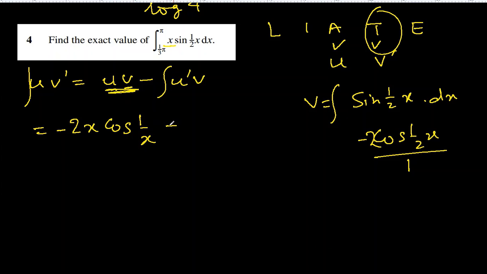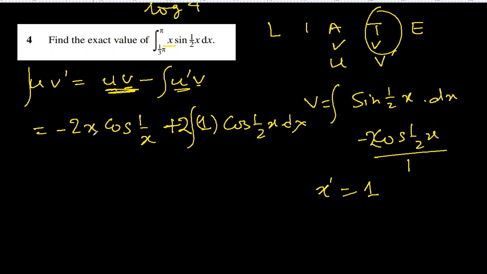This becomes uv. Now minus, we have to differentiate u, which is x. The differentiation of x is 1, so u prime becomes 1. V we just got, minus 2 cos half x, so let's make it plus now because of that minus, and write 2 outside cos half x.